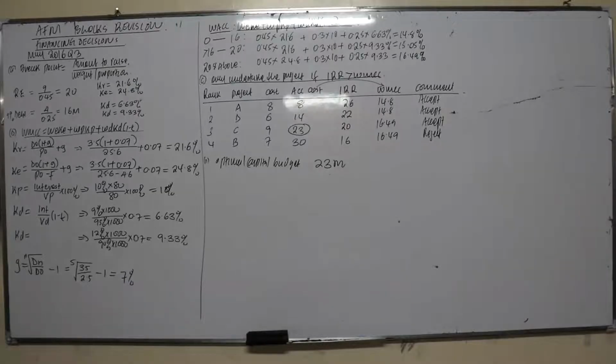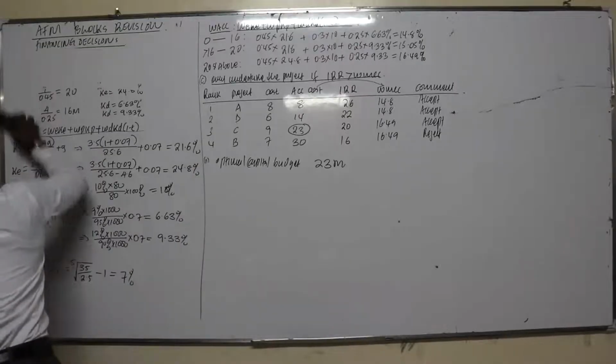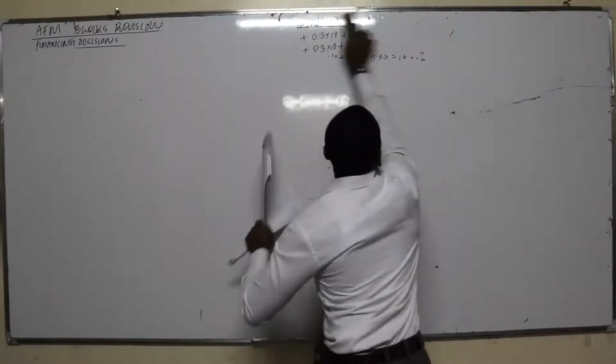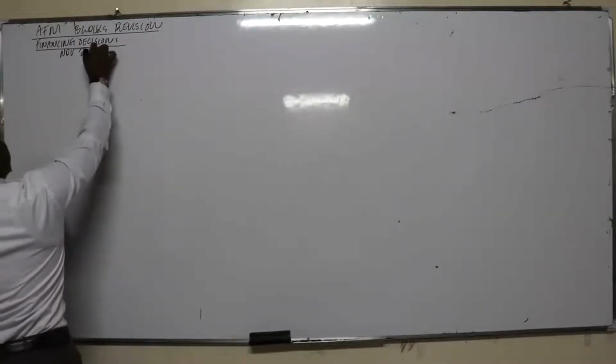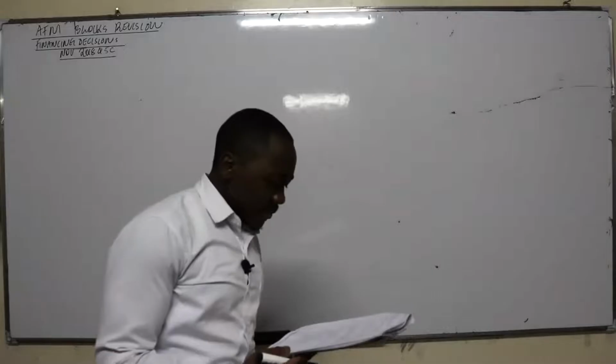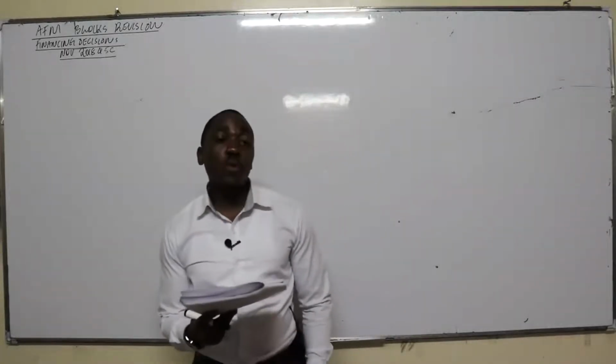November 2018, Question 5C. Embakasi Investment Limited contemplates to determine its optimal capital structure, which currently consists of only debt and common equity.